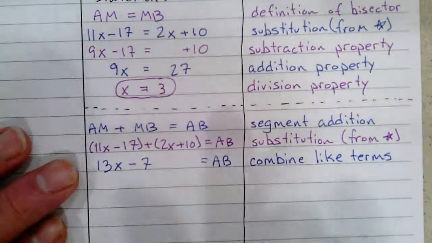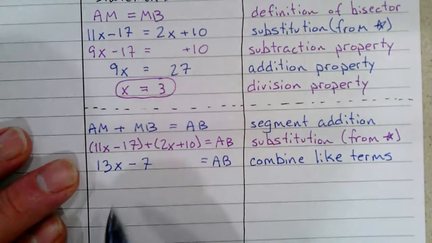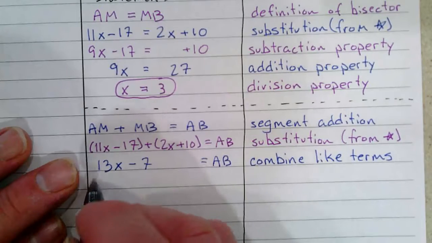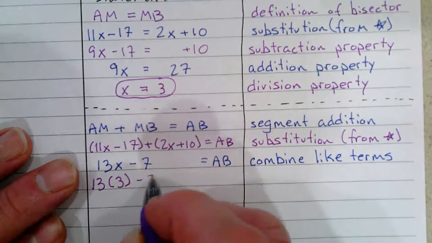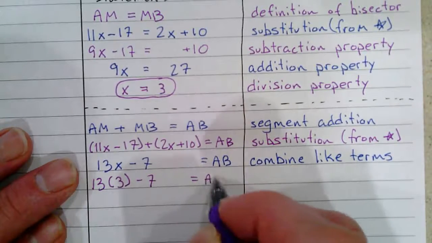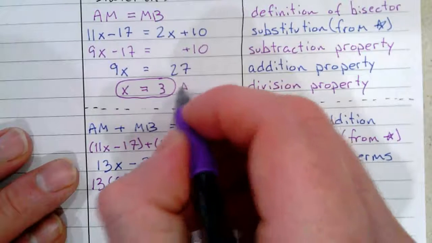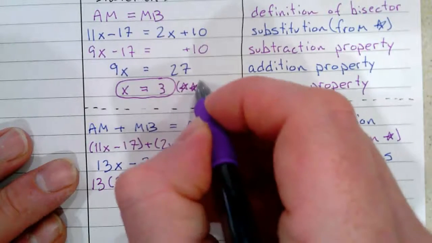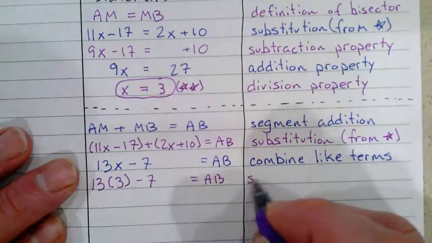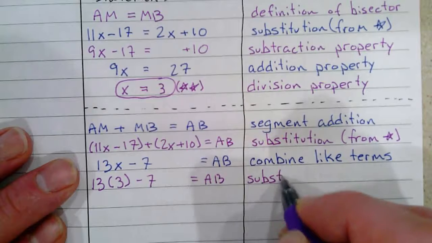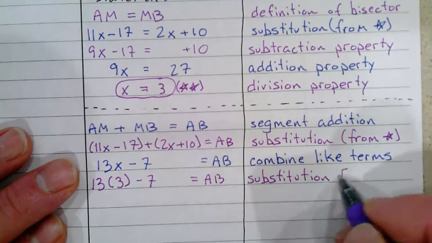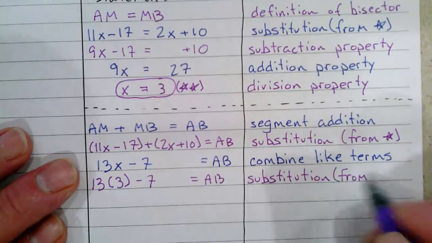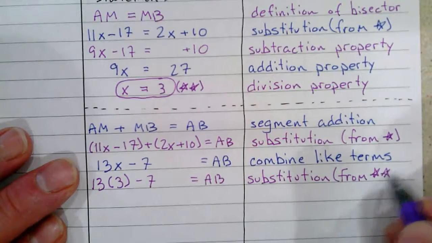Next, if we're going to find out what this whole expression works out to, we need to know what x is. But we do know what x is. x is 3. I'm going to put a little double star up here, and we're going to call it substitution, this time from double star.